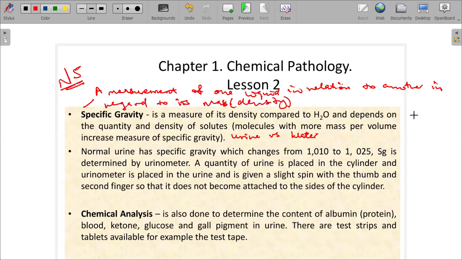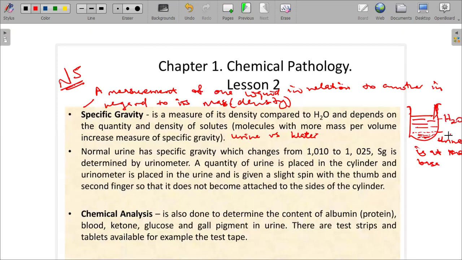If I give a container, that is our container there, and these two are mixed together, you would find that urine is at the base of the container, and water is on top.